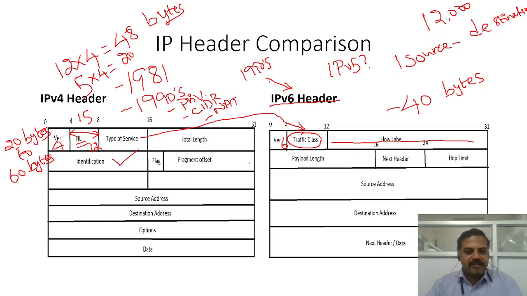And since they have removed fragmentation in the basic header, we are not having fields like identification, flag, fragmentation in the IPv6 header. Instead of that, we are having the payload length. The payload length represents the total length of the IP datagram.